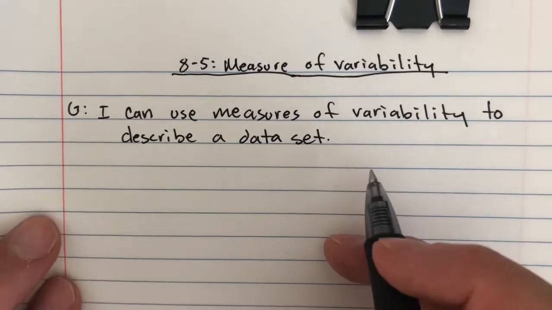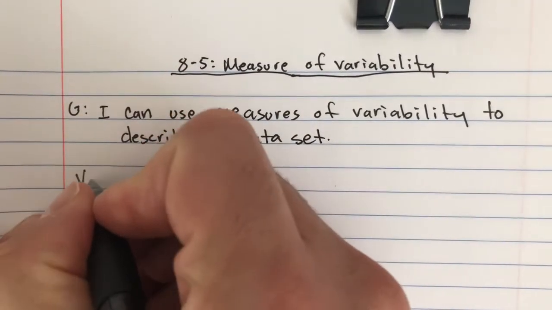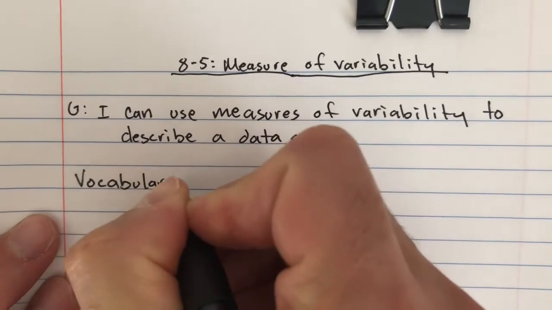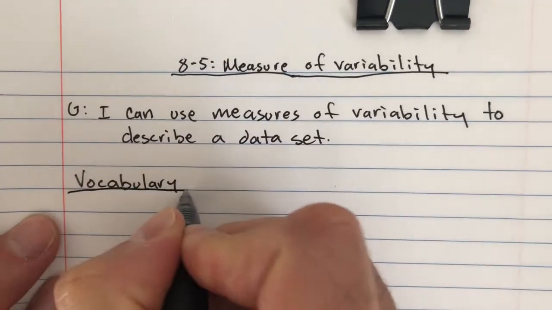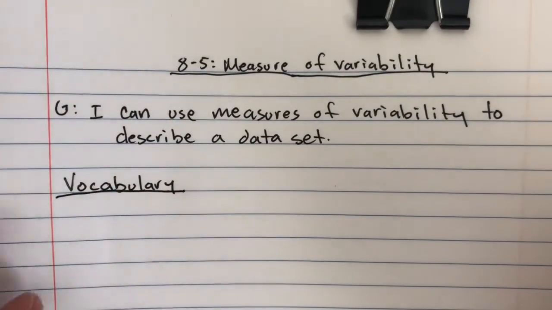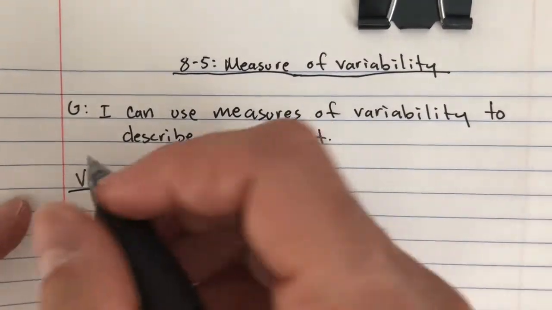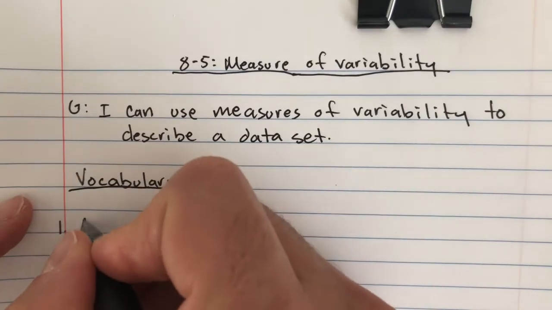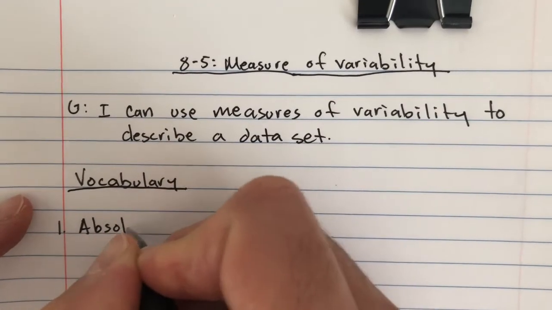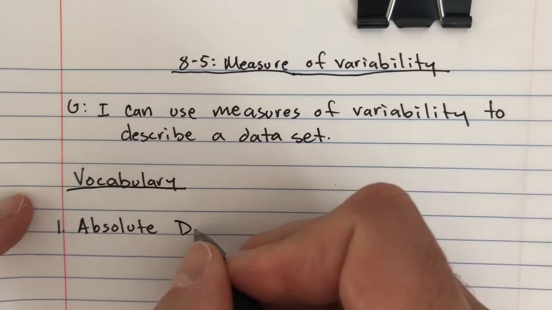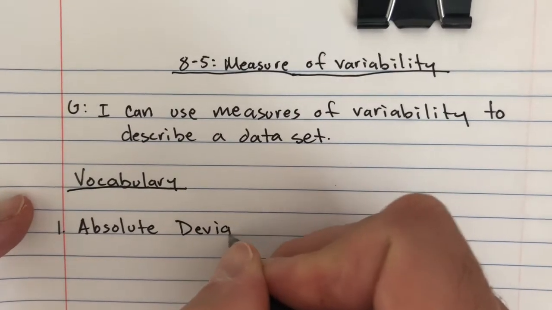Okay. Here are the vocabulary words. I'm going quickly through this, but remember you can pause anytime. The first is something called absolute deviation.